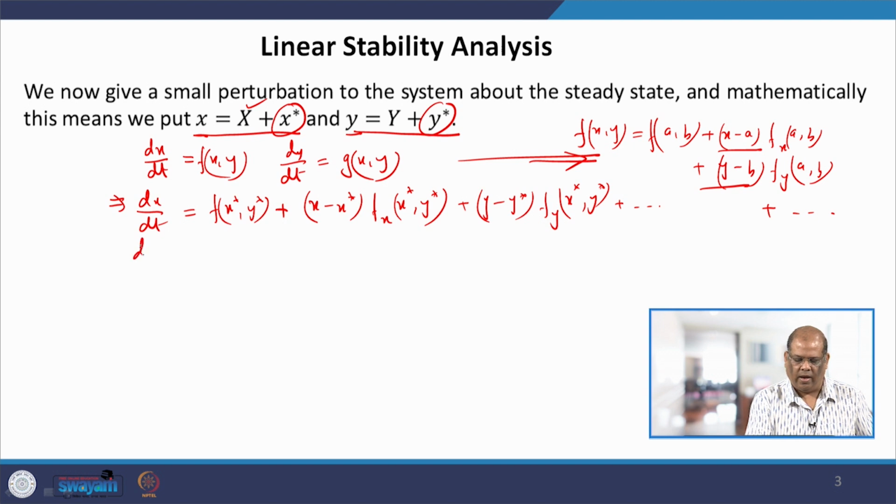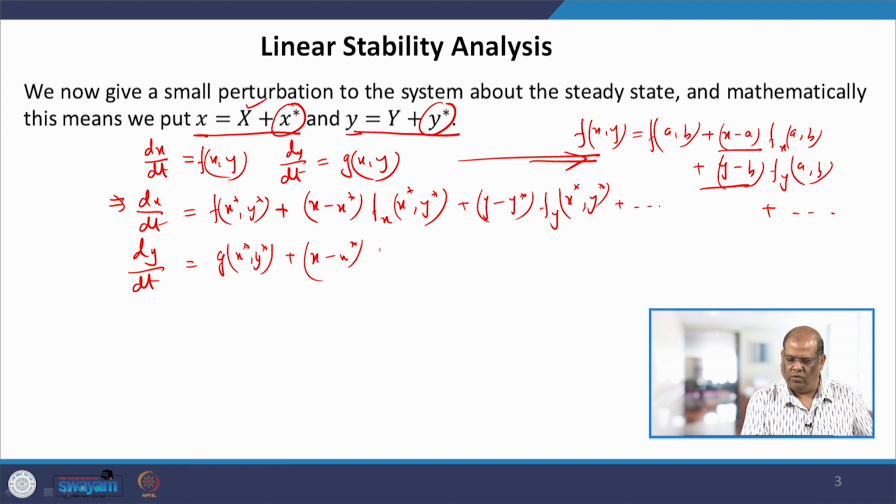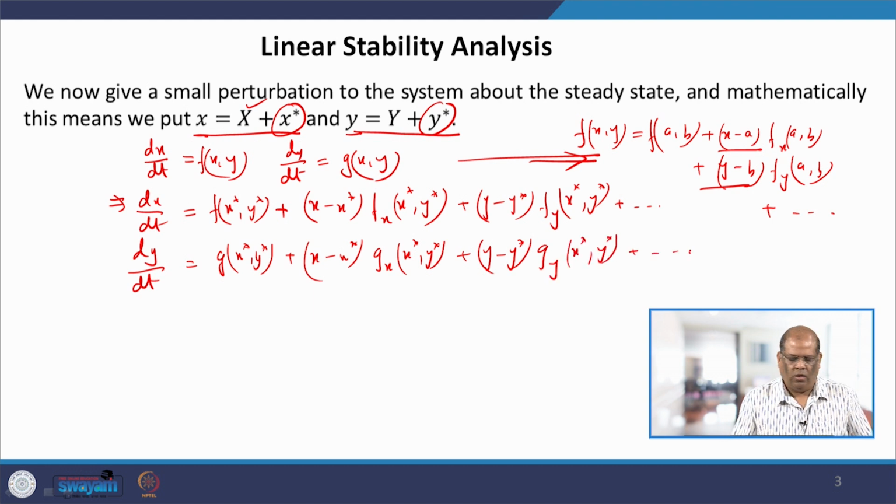In a similar manner, dy/dt will give me g(x*, y*) plus (x minus x*) into g_x(x*, y*) plus (y minus y*) into g_y(x*, y*) plus higher order terms. We neglect the higher order terms.